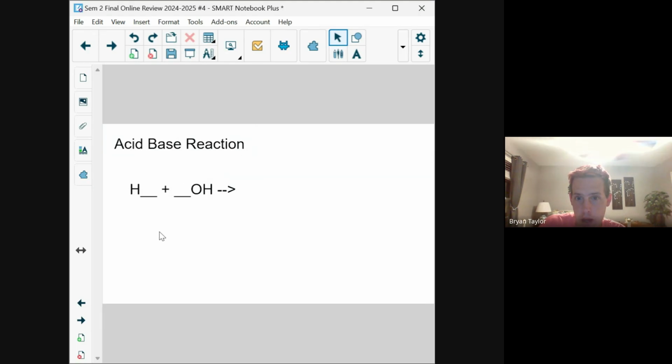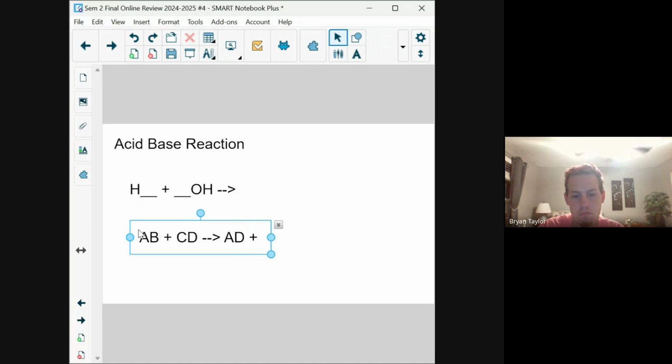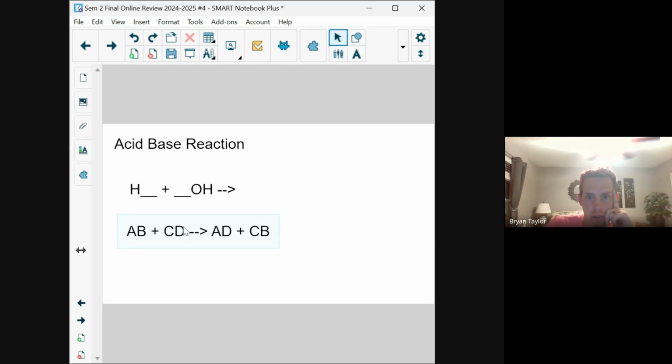As we talked about before, with precipitation, when you're putting these chemicals together, this works for precipitation as well, but this is the same setup. You need to be aware that positives always go first.